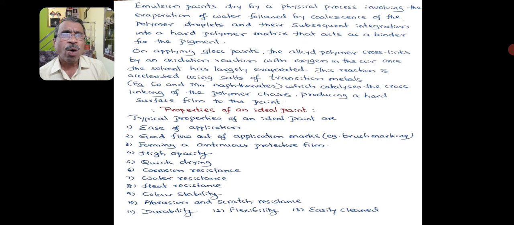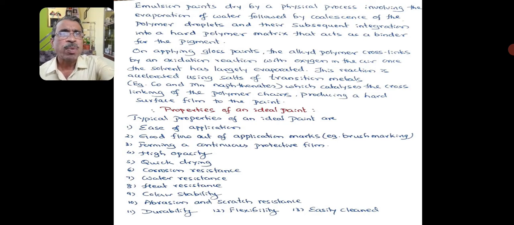Coming to the properties of an ideal paint. The typical properties of an ideal paint are ease of application, good flow out of application marks, forming a continuous protective film, high opacity, quick drying, corrosion resistance, water resistance, heat resistance, color stability, abrasion and scratch resistance, durability, flexibility, and easily cleaned.